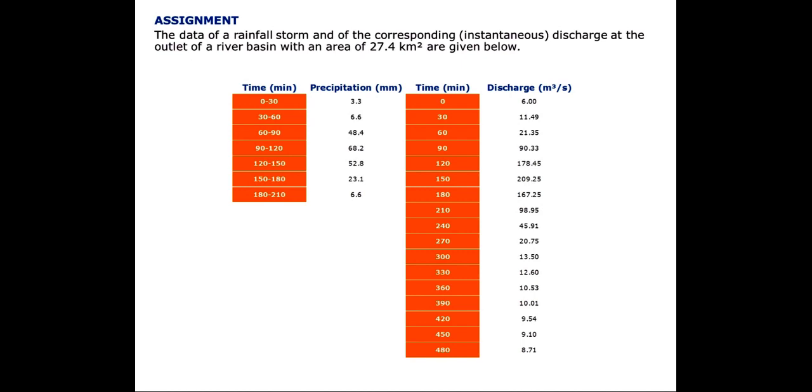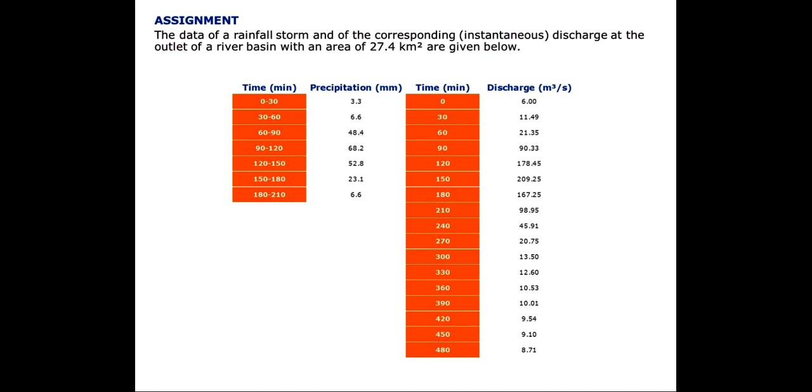So between minute 0 and minute 30, a total volume, look out, it's expressed in millimeters, of 3.3 millimeters of rain has fallen. The next time step, from 30 to 60 minutes, the precipitation total was 6.6 millimeters, and so on.